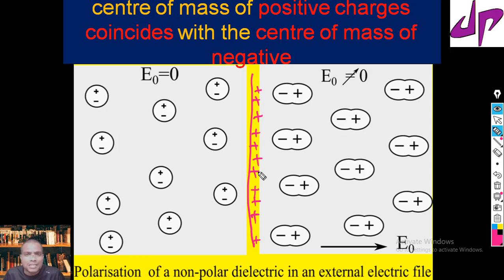Now the positive charge attracts what? It attracts the negative. Now here you can see the atom's shape has changed. Before it was a perfect circle. Now the location of the center of mass of the negative charge has changed.